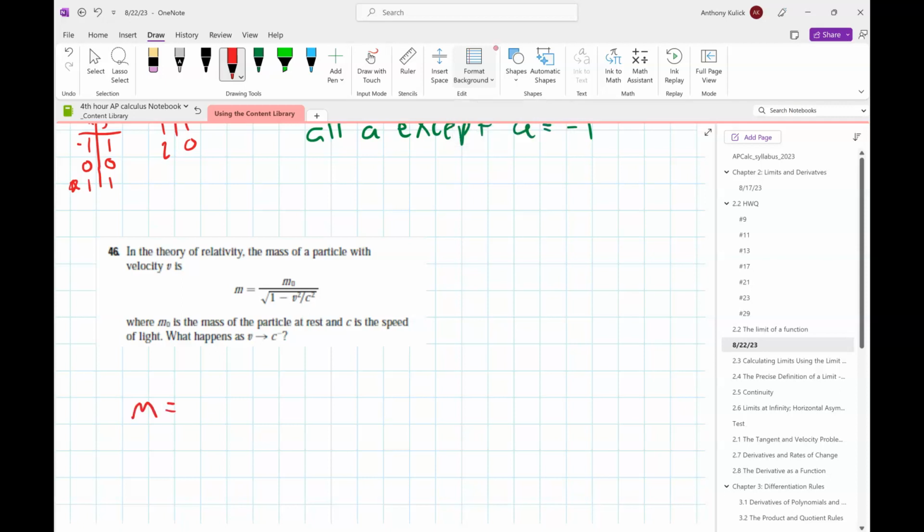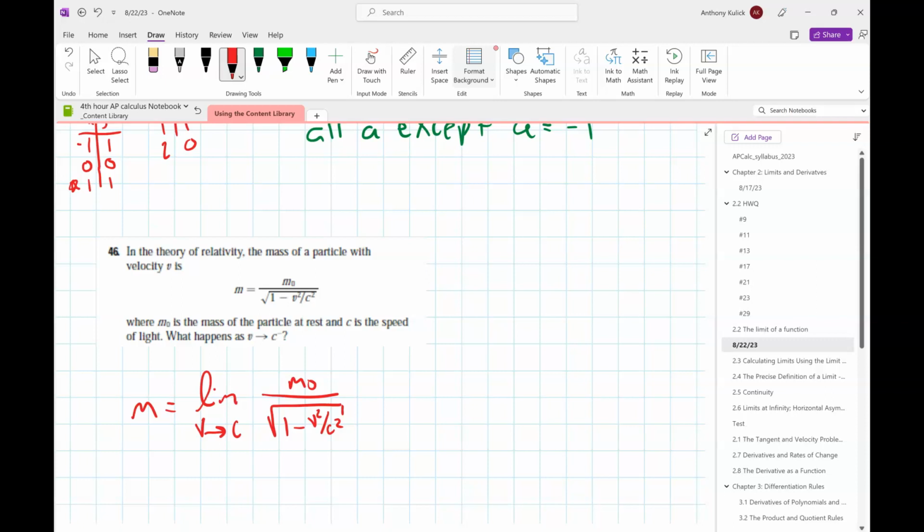What we're basically asking for is I'm looking at m for the limit as v approaches c of this thing. Right? So, again, we have two methods, graphing and tabular.